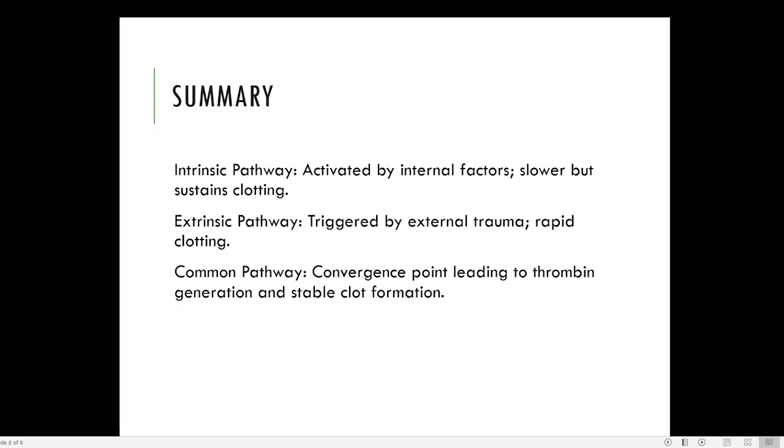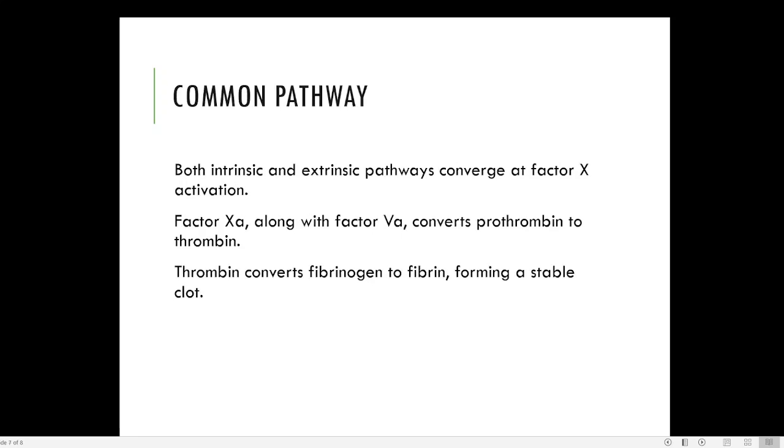So this is the mechanism by which blood clotting normally takes place. The purpose of the different pathways is that one is for a quicker response and another for a slower response. The extrinsic pathway is normally triggered by external injury or external trauma. The intrinsic pathway is caused by internal injury or internal problems. And there is a common pathway. You must also be able to explain what a common pathway is.